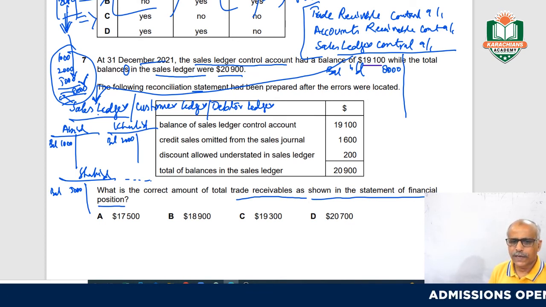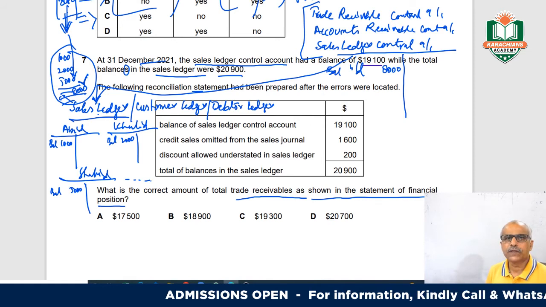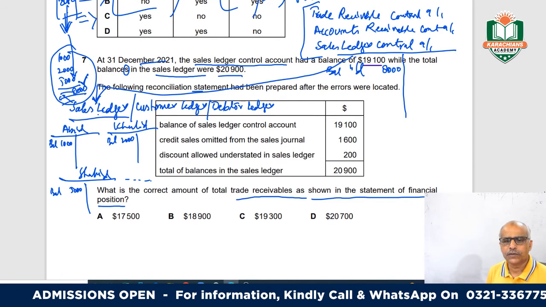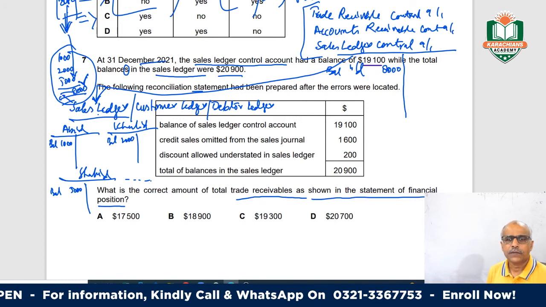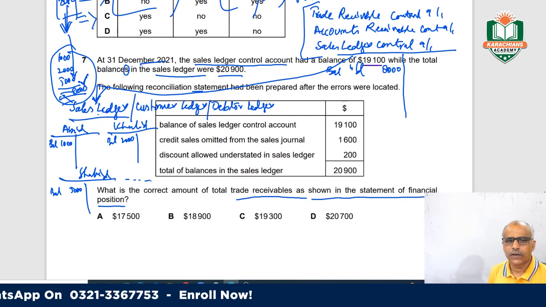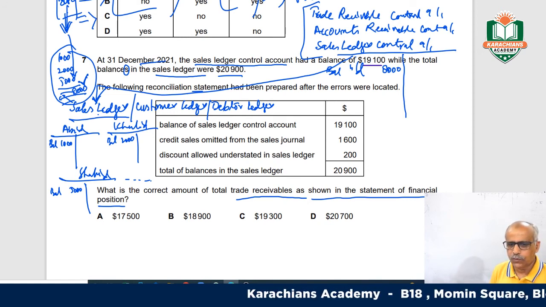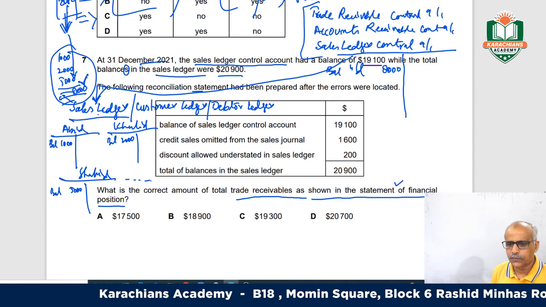Okay, so credit sales omitted from the sales journal, or sales day book. It means it was not recorded in the sales ledger and not recorded in the general ledger. They are asking what is the correct amount of total receivables as shown in the statement of financial position.